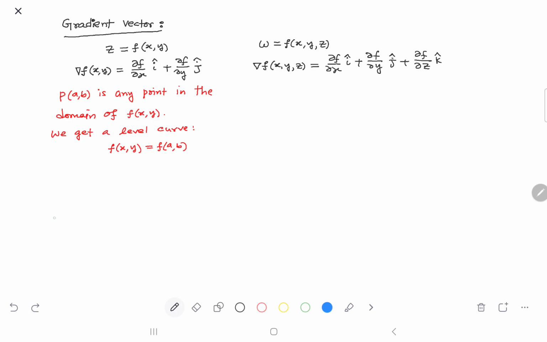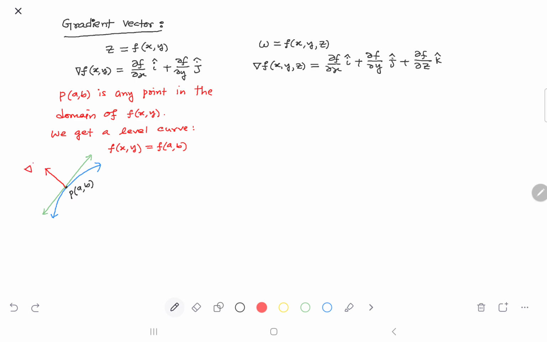So let's say we have this kind of curve here, and we take a point on this curve, the point P a comma b. Now we have a tangent line at that point, not a plane.